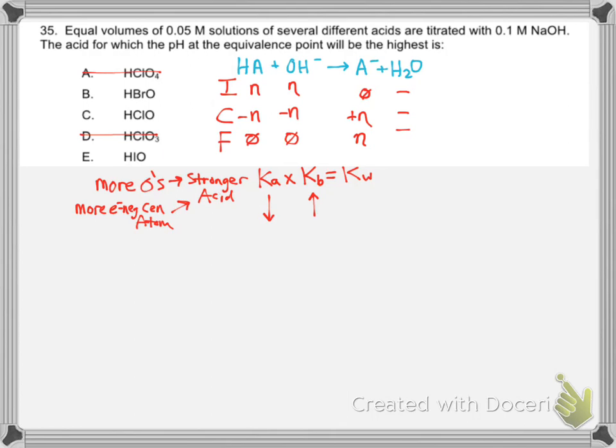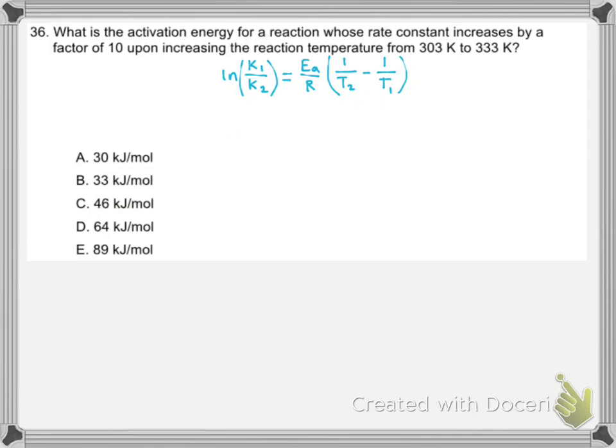So these all have the same number of oxygens, 1, which means we need to rely on looking at the central atom. In this case, HIO is going to be the answer, because iodine is the least electronegative of those halogens, chlorine, bromine versus iodine. So it will be choice E.